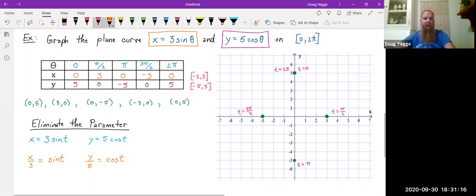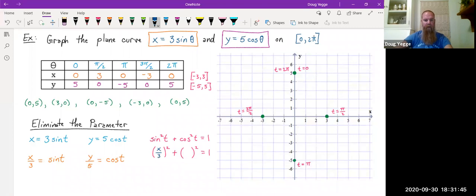So instead, we think of an identity that relates the two. Anytime you've got a function involving sine and cosine, we know that sine squared t plus cosine squared t is always equal to 1. So we can now plug in our sine t and our cosine t. Sine of t is x over 3. Cosine of t is y over 5.